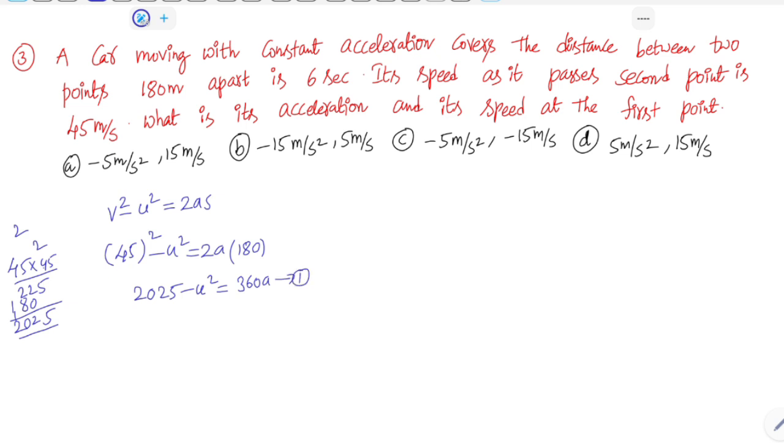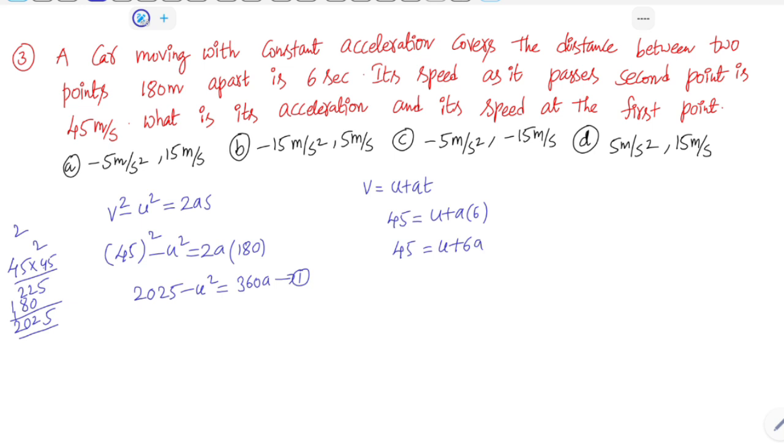Now I am going to write the second equation, which is nothing but v is equal to u plus at. Okay, v is already given, which is 45, and u we don't know, and a we don't know, but t is given as 6. So 45 is equal to u plus 6a.